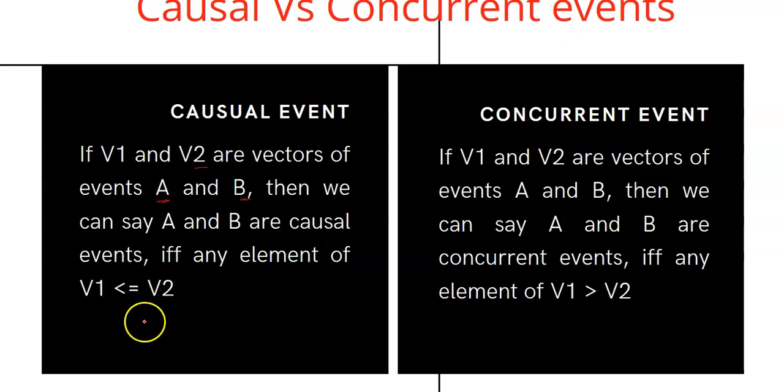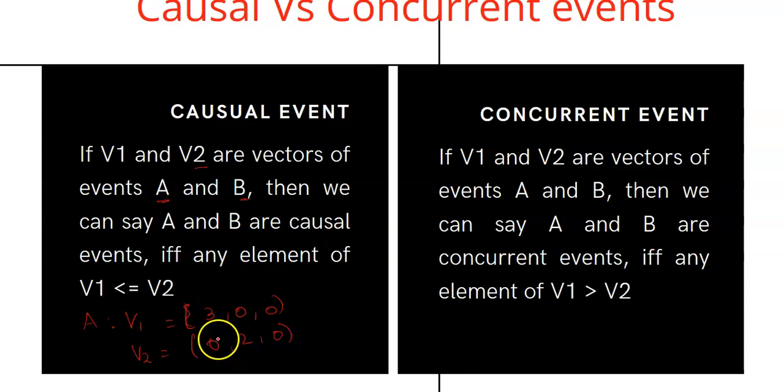So let's take V1, the vector of event A, as 3, 0, 0, and V2 as 0, 2, 0.